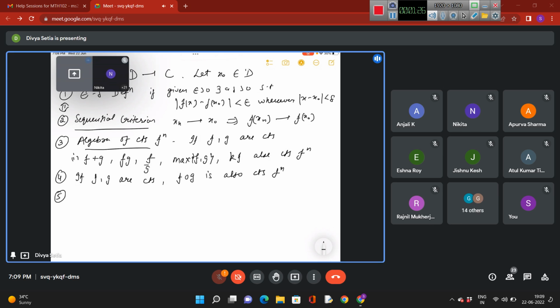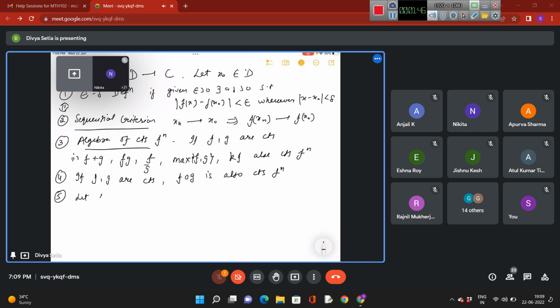And then at last we started with the properties of continuous functions. So the first property that we did in the last class is called the bounded value theorem, or the maximum minimum theorem.